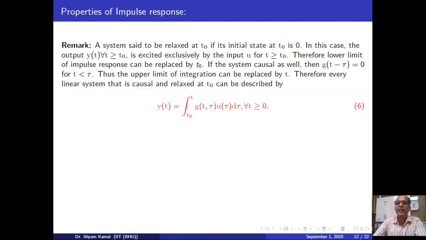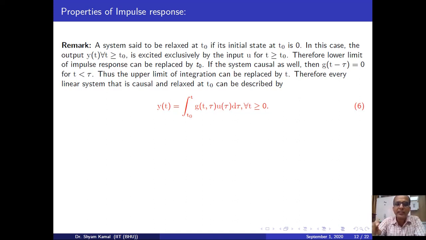Whenever we define a system, I have already defined two properties. One is that the input and output should be real, or if matrix valued, each entry of the matrix valued function should be real. Another property is related to causality, meaning we assume that the output yt is not affected by the future input. So we just have to cut the future input.